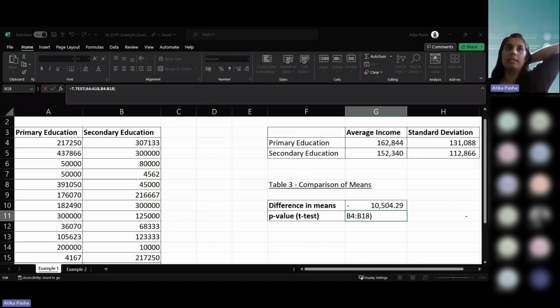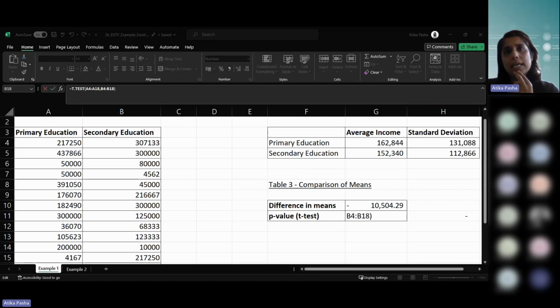To explain this a little bit, in case that is what is causing the confusion, there are two types of tests. There's a two-tail student t-test and there's a one-tail student t-test.